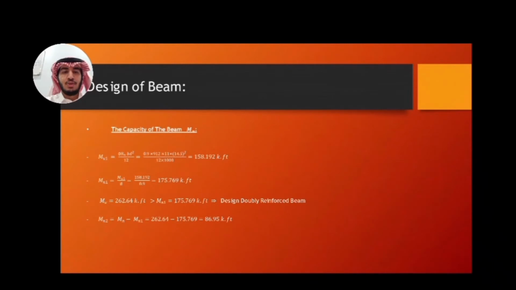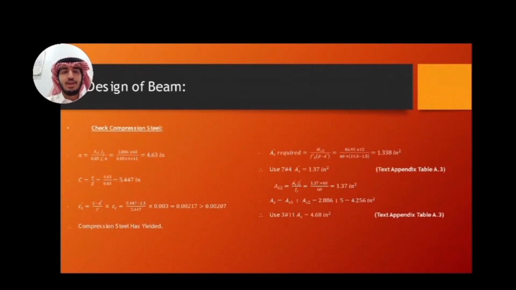Now we find Mn2. Then check the compression steel. After checking the compression steel, the steel has yielded. Then we calculate As' the required, and As.